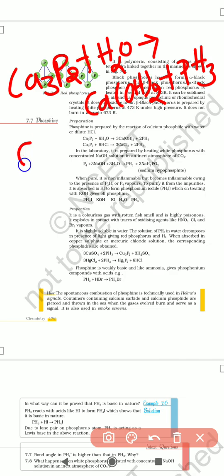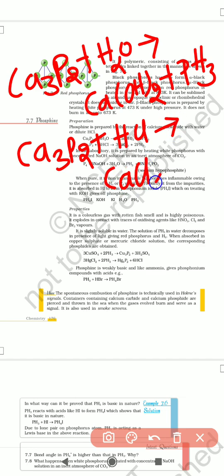The next method: calcium phosphide, Ca3P2, reacts with hydrochloric acid, HCl, to form calcium chloride, and phosphine, PH3, is produced.